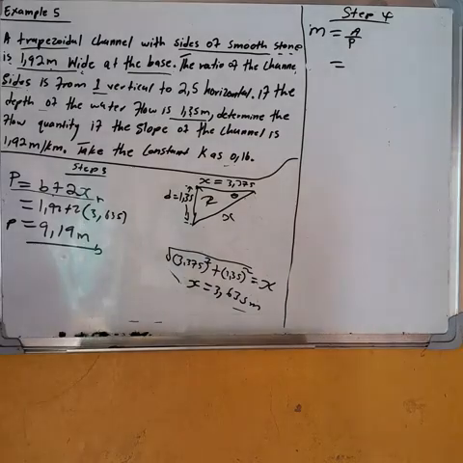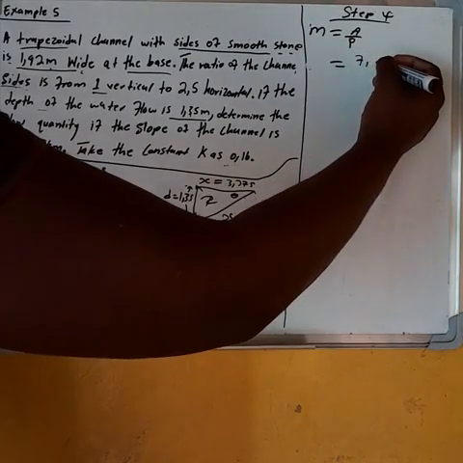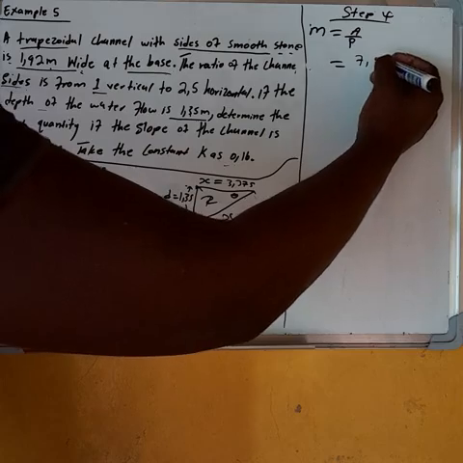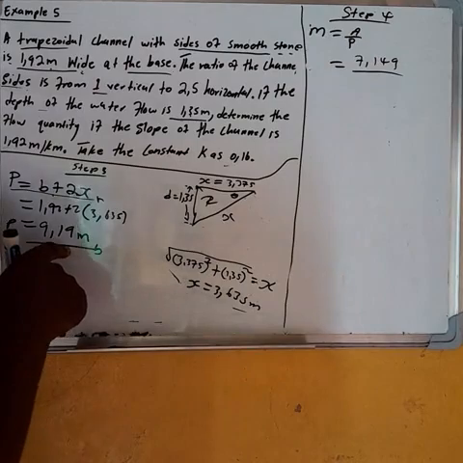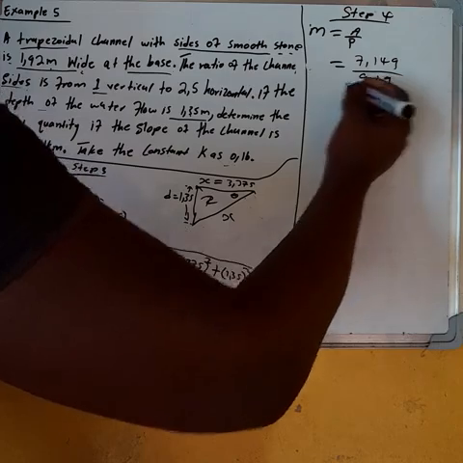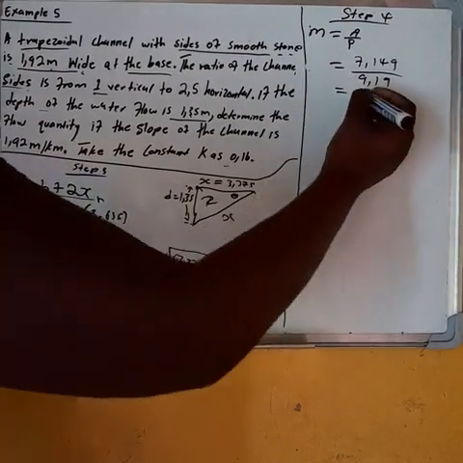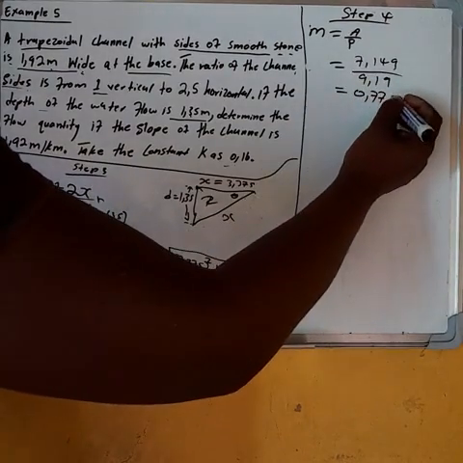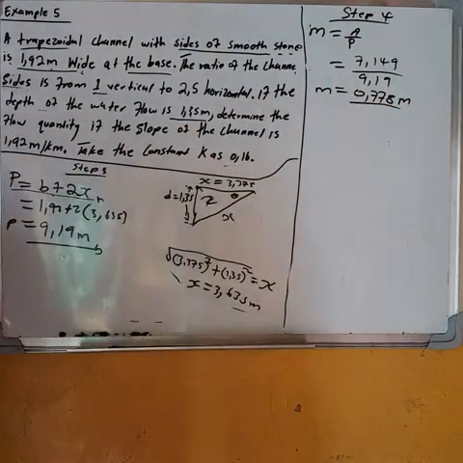We calculated the area, you remember, and we got an area of 7,149. The width of the pyramid is 9,19. Punch it on your calculator, you're supposed to get 0,778 meter. This is our M.